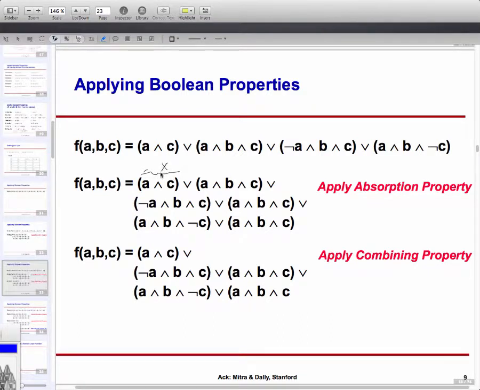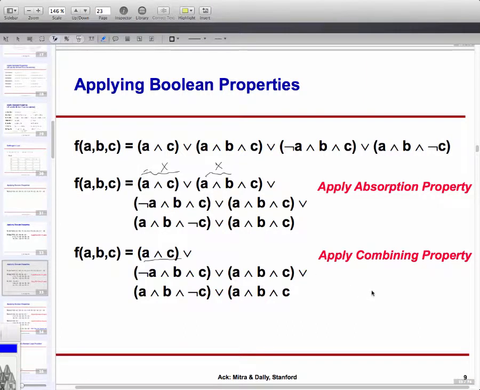Absorption property says that x or x and c is the same as x. So what we are left with is a and c. This term disappears from absorption. So now we have a slightly simplified equation.